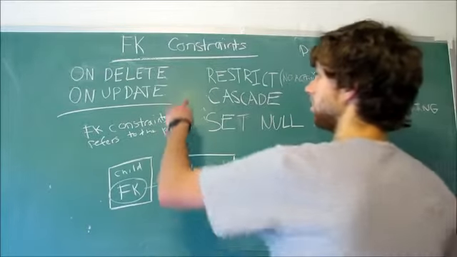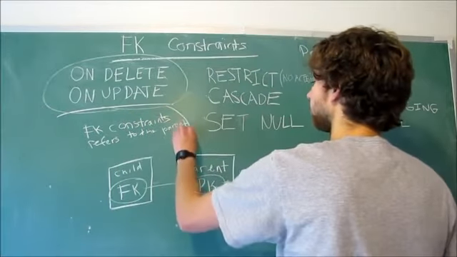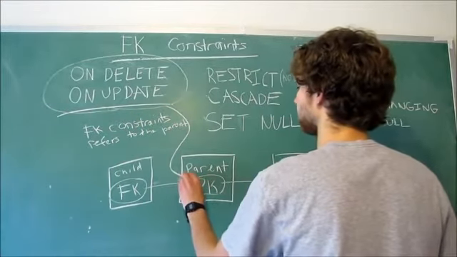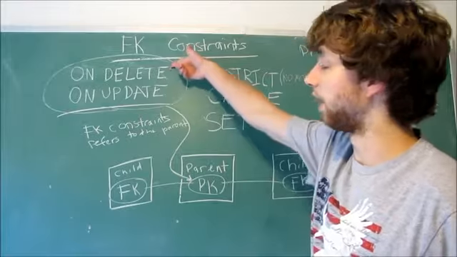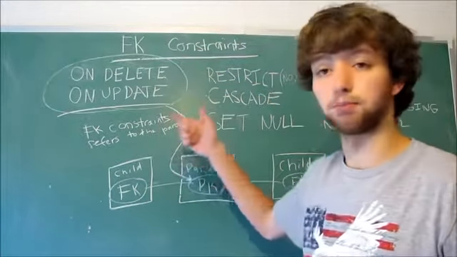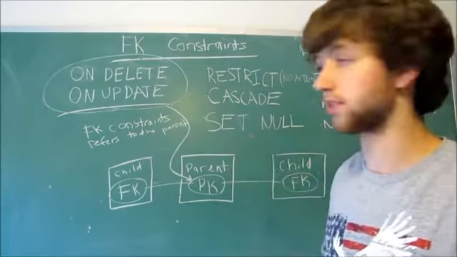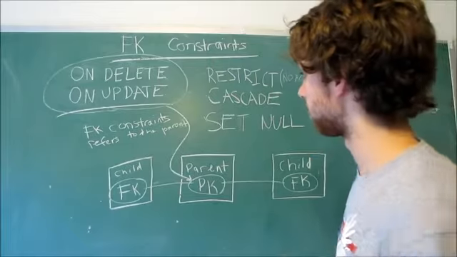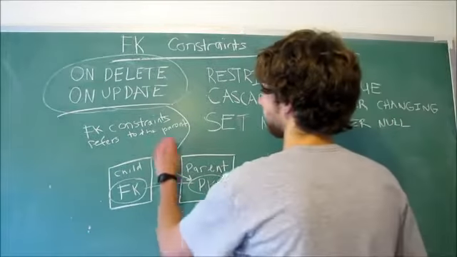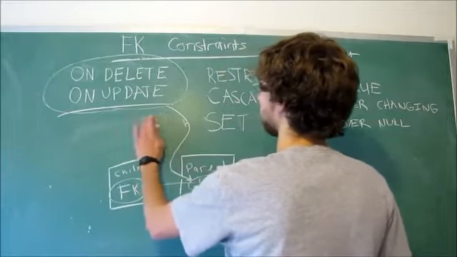Now, these values right here, these options, refer to the parent. So when we delete the parent or when we update the parent, we want the same thing to happen to the child or whatever the options are, and we'll talk about the options in a second. So that's kind of how these work. Now just to kind of clear things up, I'm going to erase these words here just because it's getting a little crowded, you know.